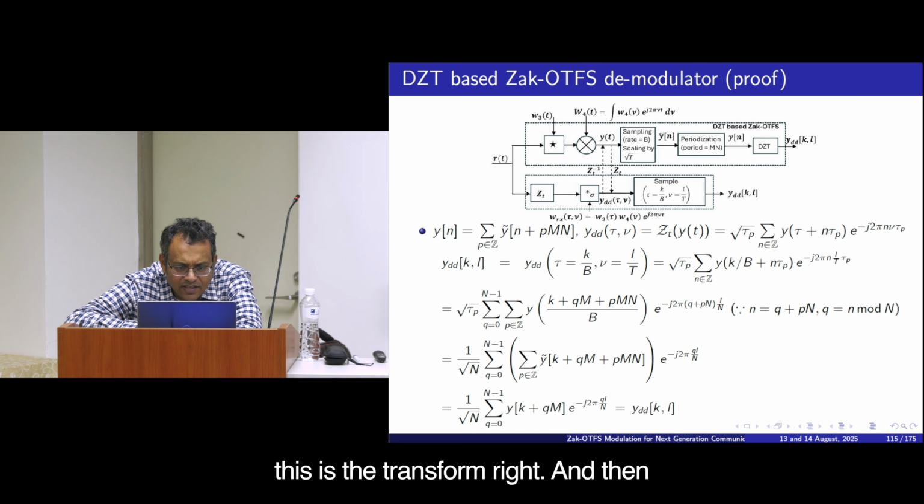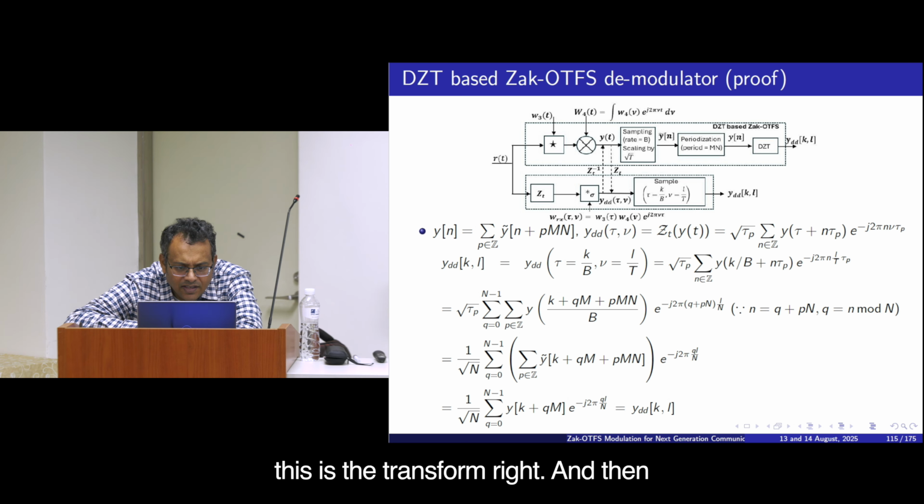Now, when you take this expression and you replace tau with k by B and nu with l by T, you get this expression. It's very simple. Instead of tau I put k by B, instead of nu I have put l over T. Also this l times tau_p over capital T will become equal to n times l over capital N. Why?